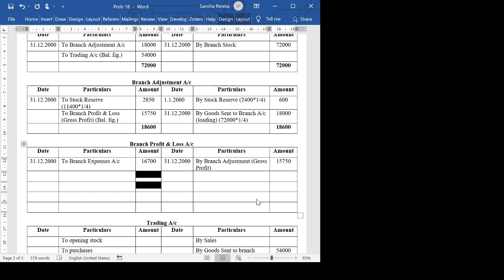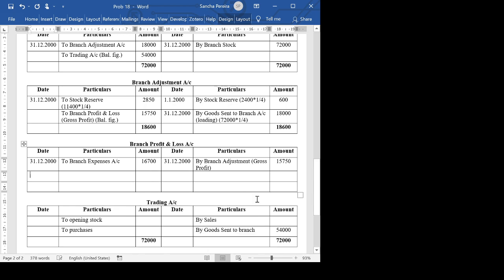And then we have the total here. Sorry, the debit is higher. This is 16,700. Branch profit and loss account 16,700.